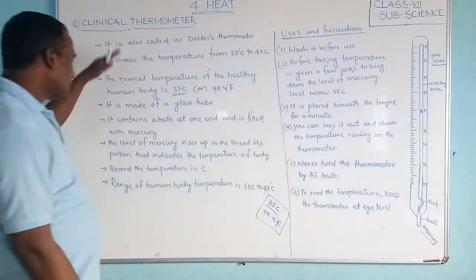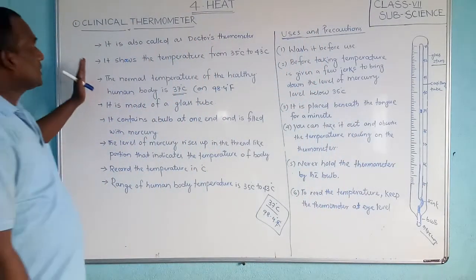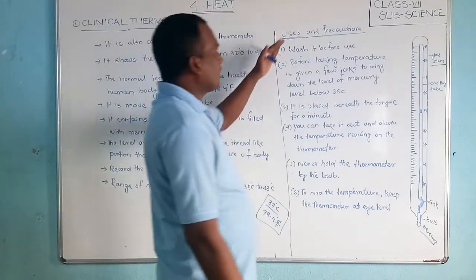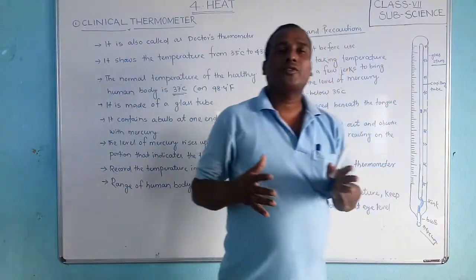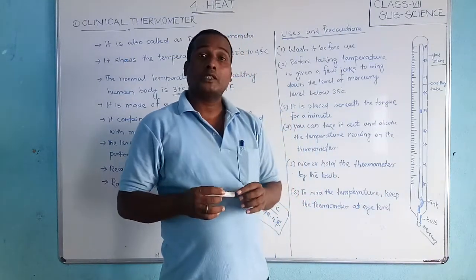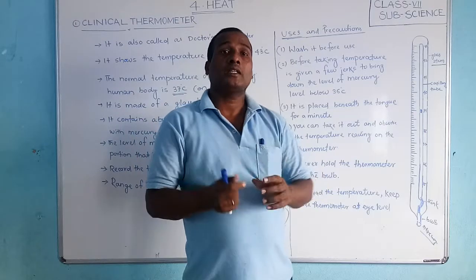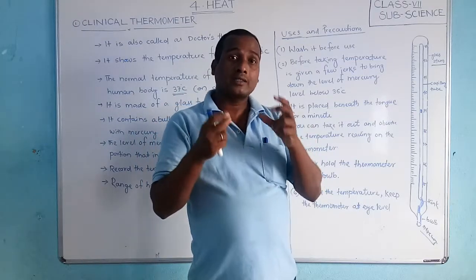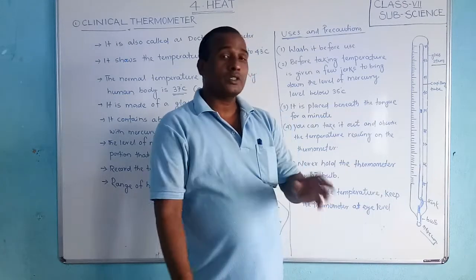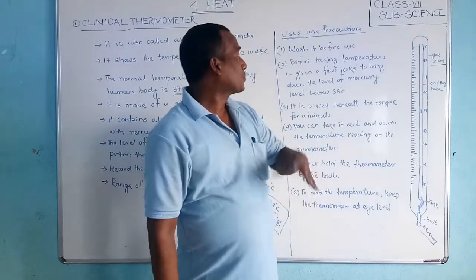Okay friends, these are the construction and the general things about the clinical thermometer. Now we study how to use it and how we should take care of the thermometer. Okay friends, the thermometer is a very sensitive thing; it is made of glass. If it falls down, it will break, and the mercury will go. So you have to use it very carefully.